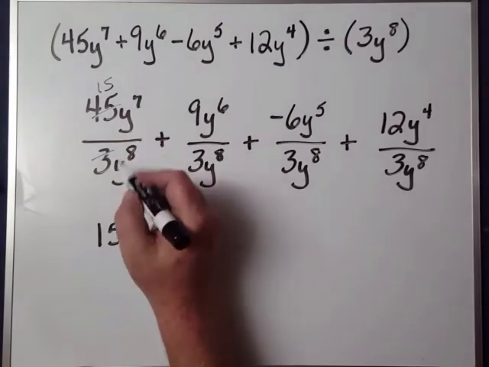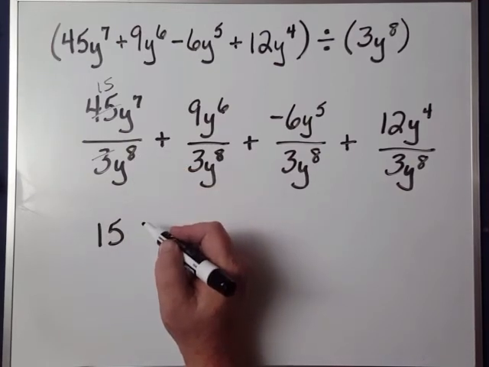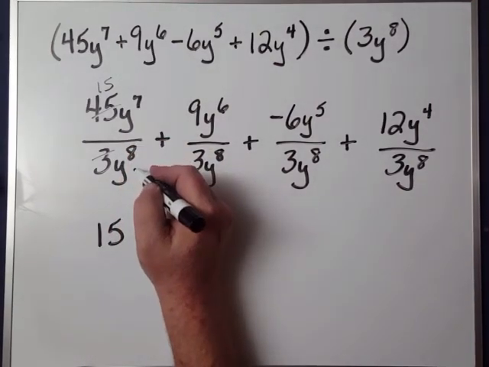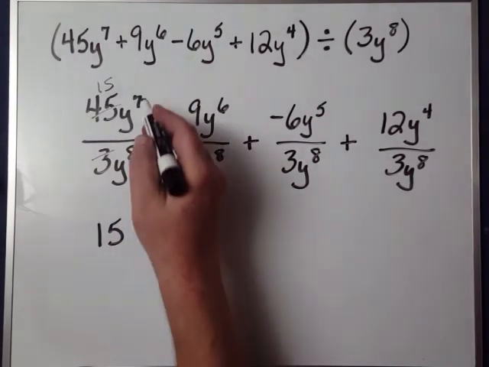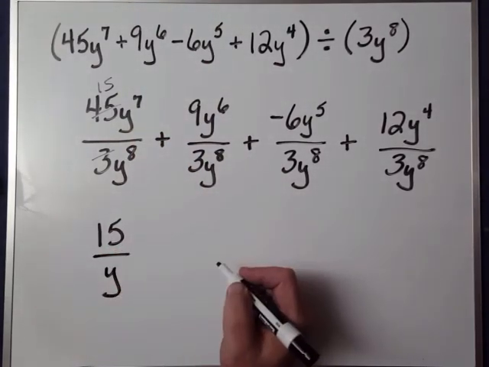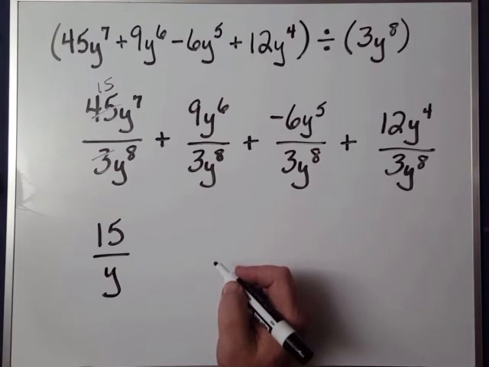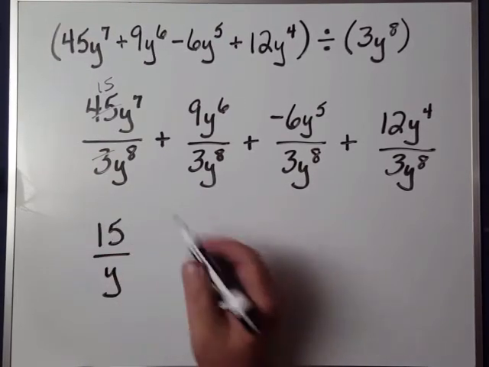Y to the 7th over y to the 8th. How many are left and where? That's our quotient rule. And we like to say how many are left and where when I'm done canceling factors common to the top and bottom. If there's 7 in the top, 8 in the bottom, when I'm done canceling, that leaves me one factor of y in this denominator. And this term is simplified. There's nothing else I can do to it.